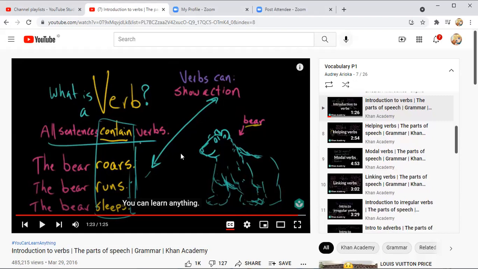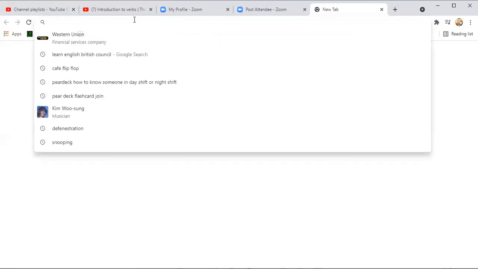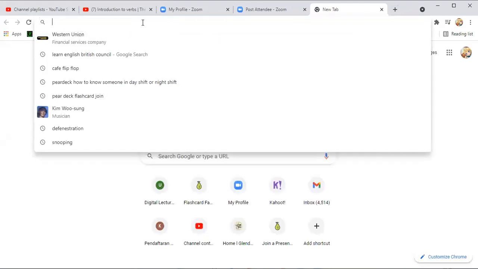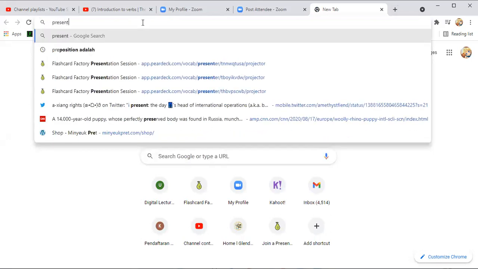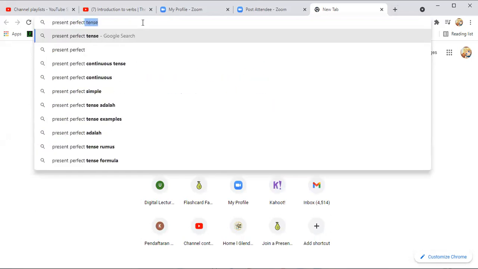Let me search. Present perfect tenses usually use have and then verb 3. Jadi ya pakai have dan verb 3. Kalau misalnya present perfect.